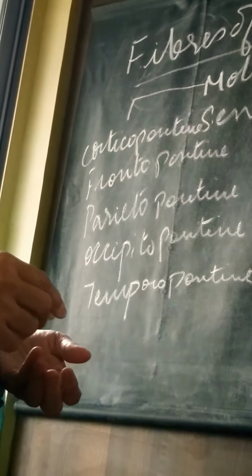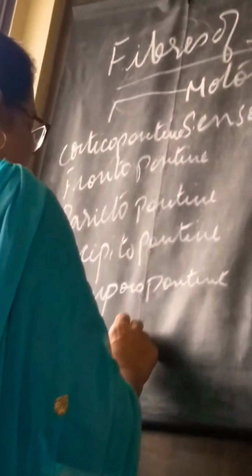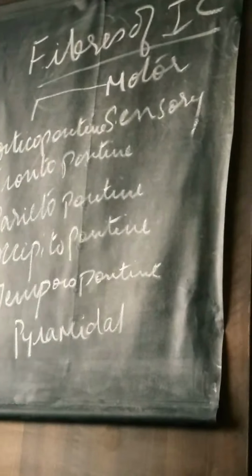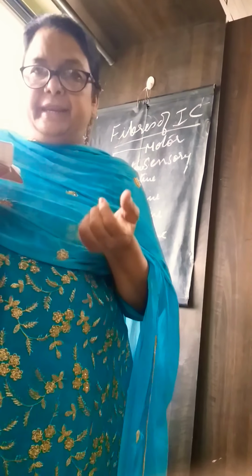And you have the pyramidal fibers. In addition to this, you have the corticonuclear connections with the nuclei of the 3rd, 4th, 5th, 6th, 7th, 9th, 10th, 11th and 12th cranial nerves.